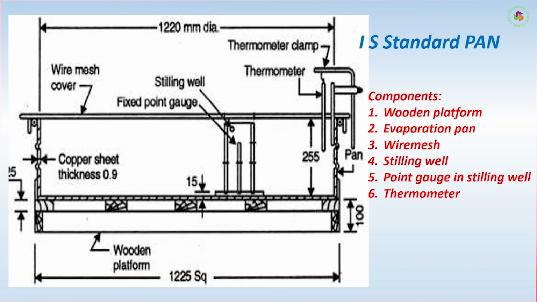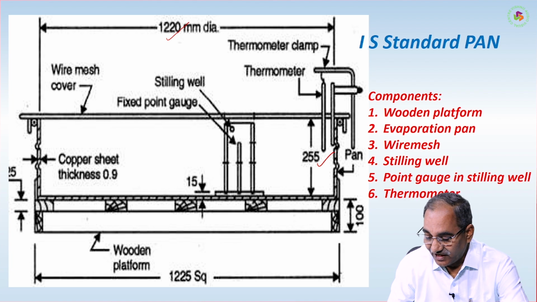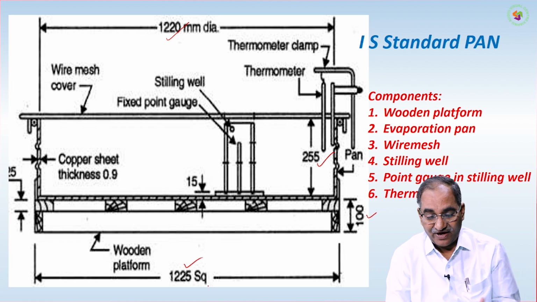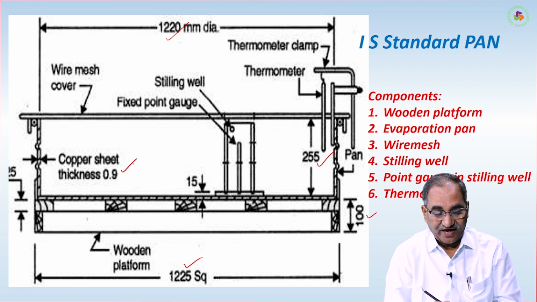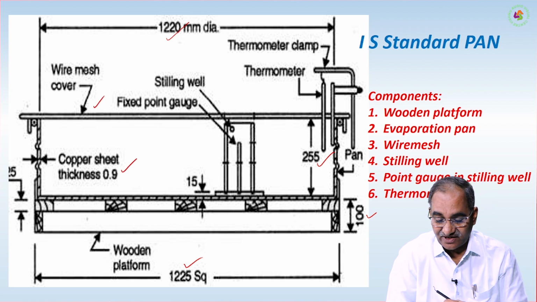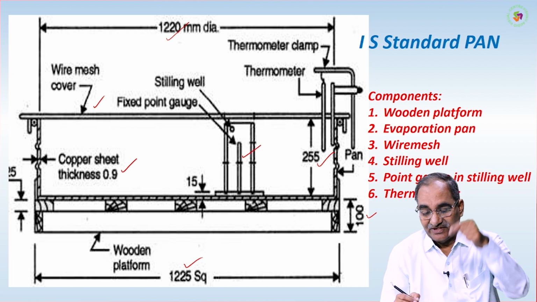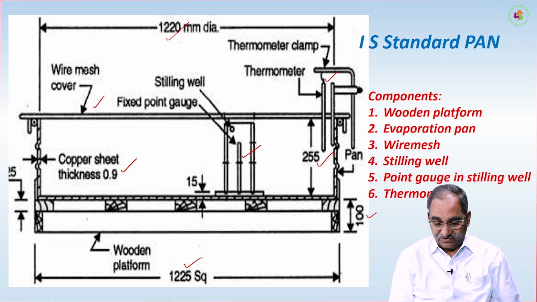So if you take the IS standard pan, the dimensions, just now we mentioned 1220 mm diameter, 255 mm height, and if you see a 100 mm wooden platform, 1225 mm square wooden frame actually, copper sheet of thickness 0.9 mm and a wire mesh is put at the top. Then here actually it is the point gauge to measure the things, and this is a thermometer to measure the temperature.